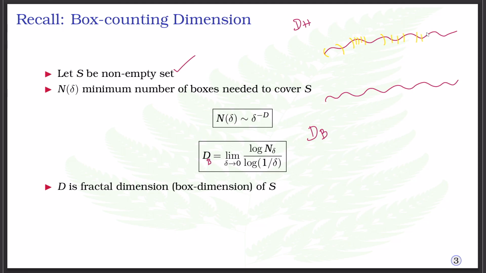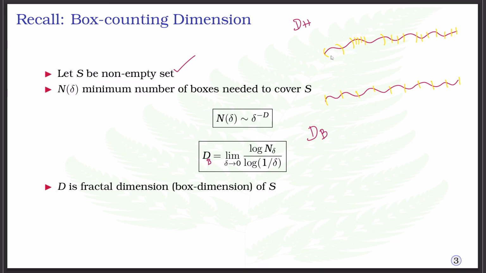We cover this one like this, the set is covered. You can observe that each set has a different size. Now here we are covering this set by equal-sized boxes. Each box has equal size.